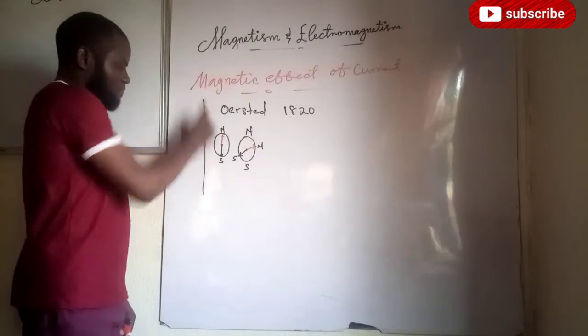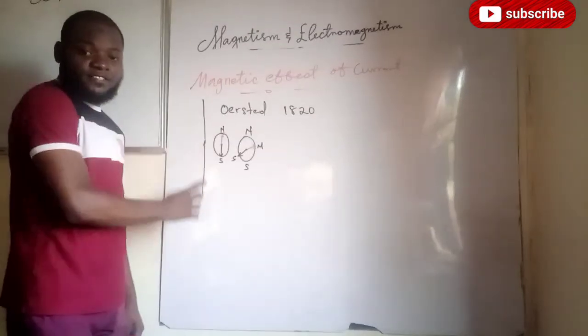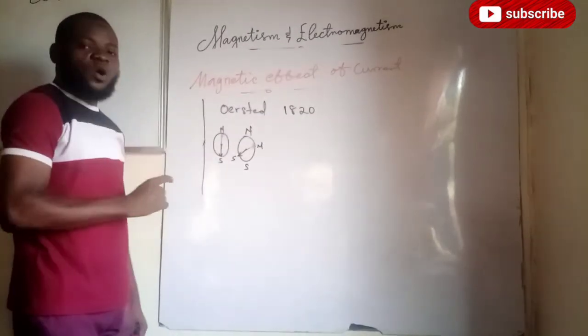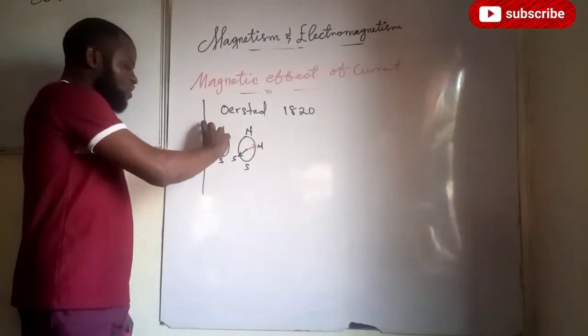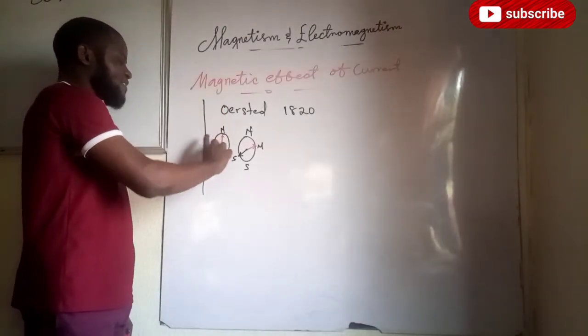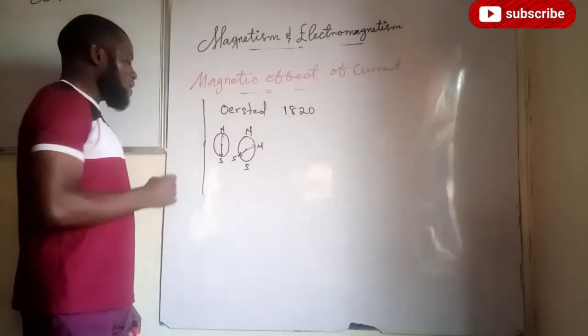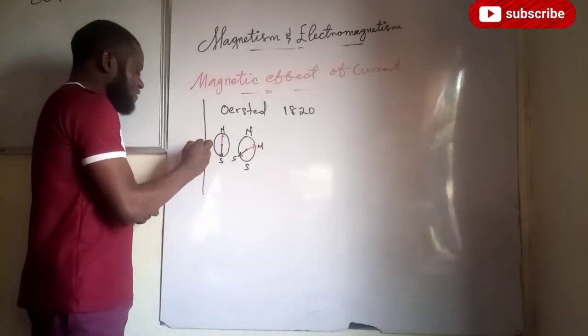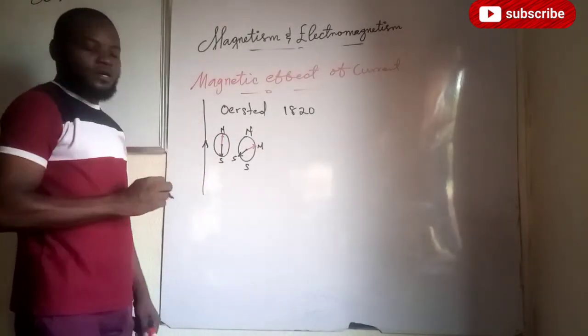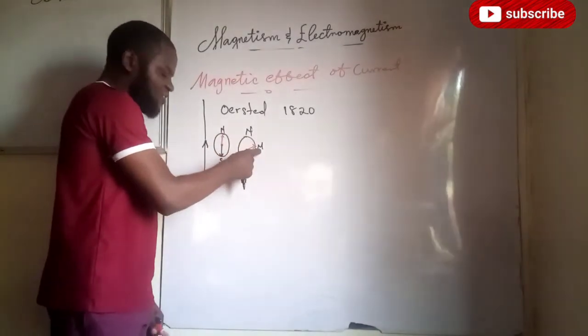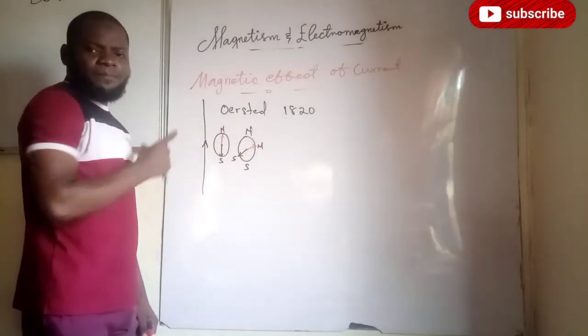When you have a conductor that current is not flowing in, Einstein discovered that the position of this magnetic compass would not change. But immediately current starts flowing in this particular conductor, it shows that this change happens without bringing any magnets.